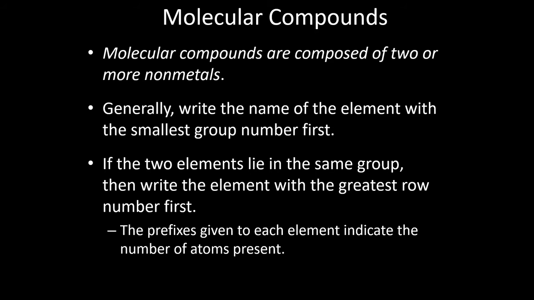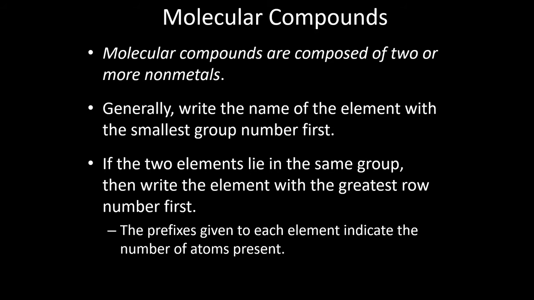So first of all here, when we're writing out these formulas, the element that comes first, since they're all just nonmetals, we can't have rules like we did before with the ionic compounds where we could just say the metal comes first. With these, we do need to specify which nonmetal is going to come first.